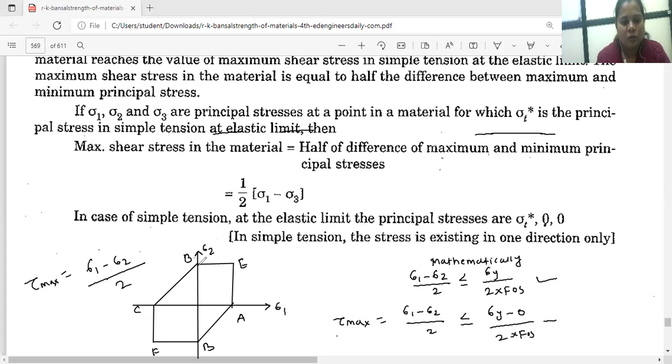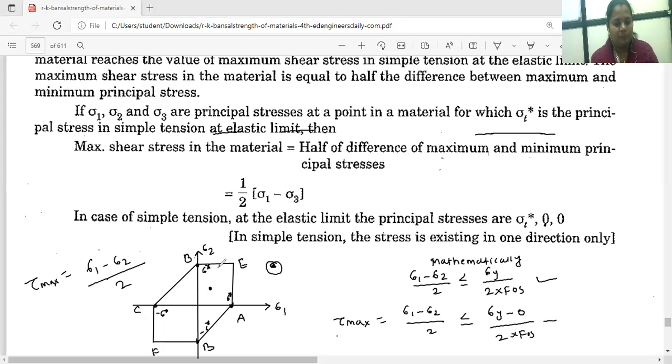Here sigma y, that is plus, here also sigma y plus, and here minus sigma y, and here minus sigma y. So this is the envelope for this maximum shear stress theory. If our stress is beyond this limit, our material will fail. And if our stress is within this envelope, our material will be safe.